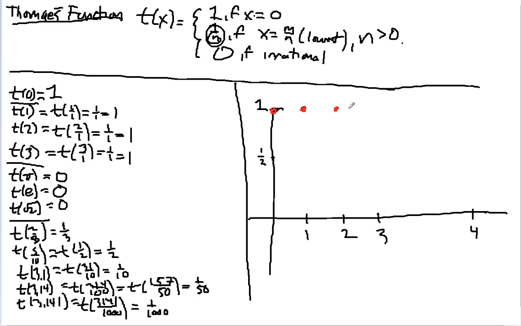At every integer value, not to scale, I get that. At every irrational value, I get 0. So here's pi, here's e, here's square root of 2. Those values are all just 0.